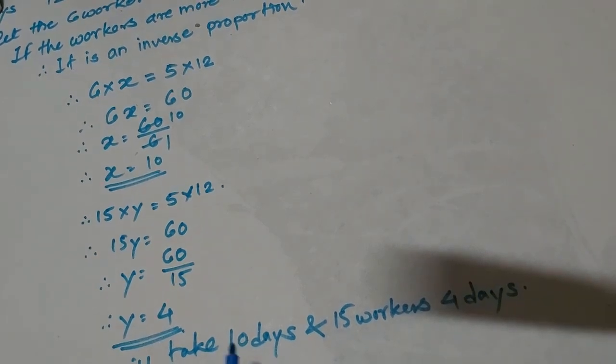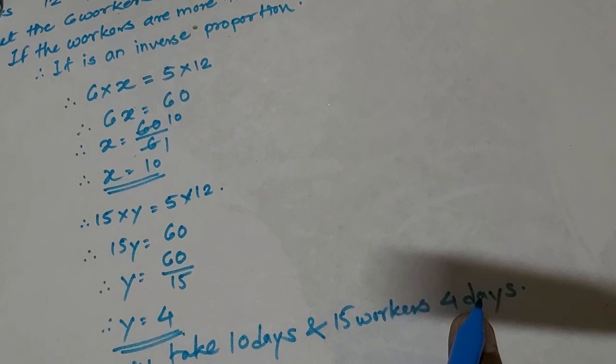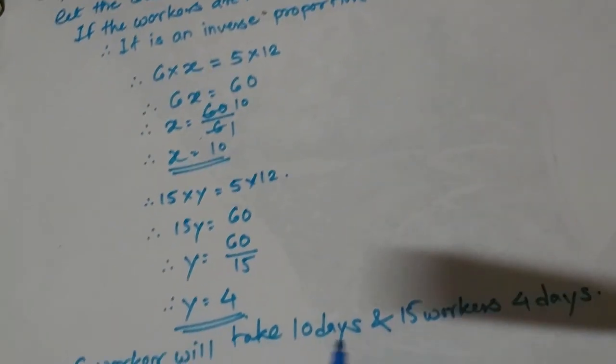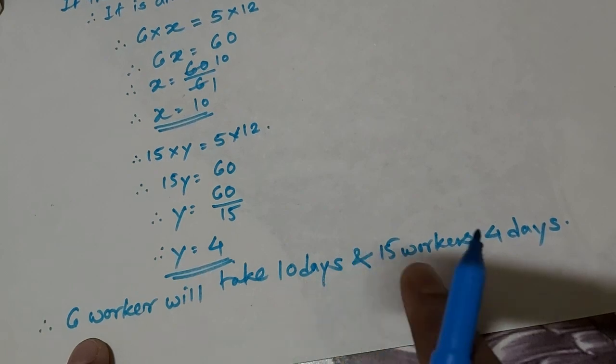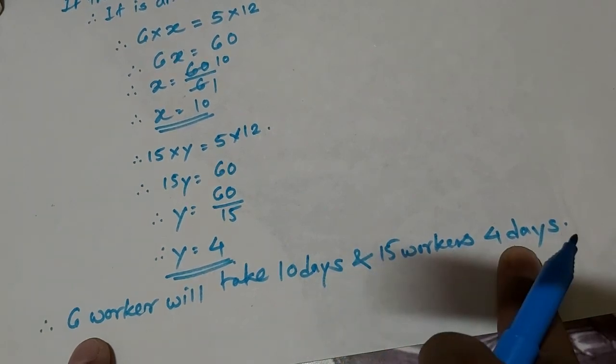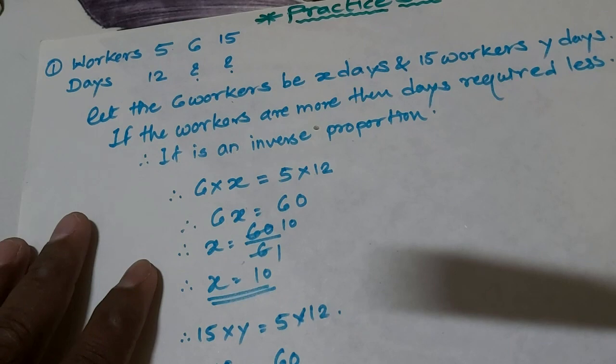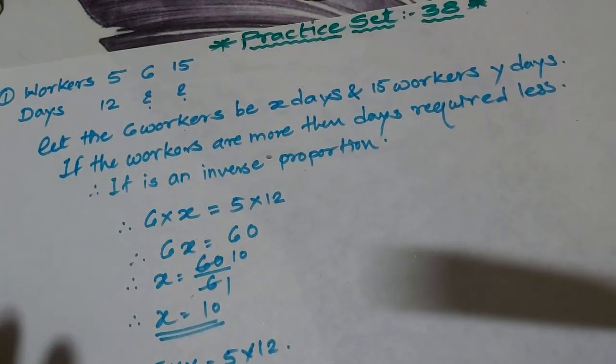See here: 6 workers 10 days, then 15 workers 4 days. Here the number of workers increases, and the days are fewer compared to the earlier one. So students, I hope you understood this.